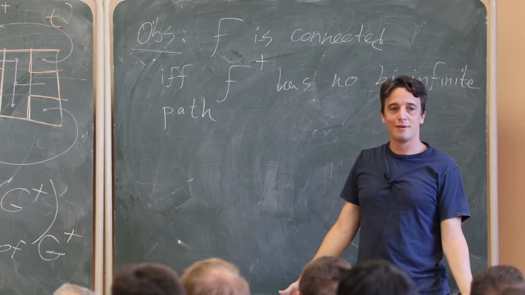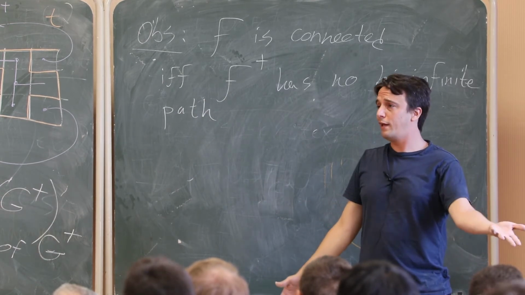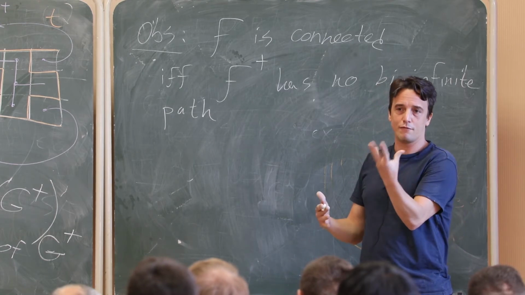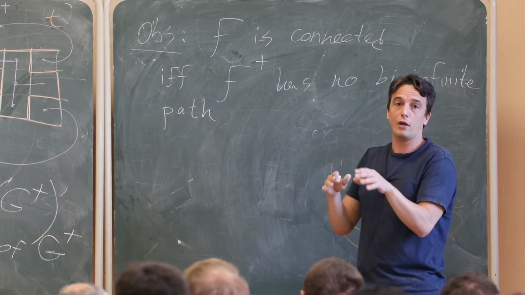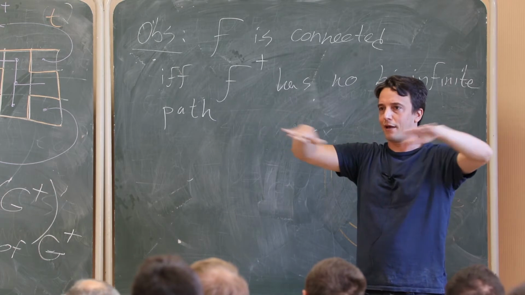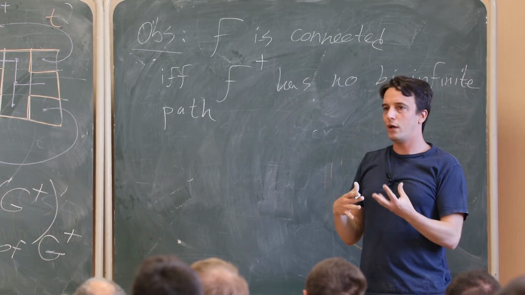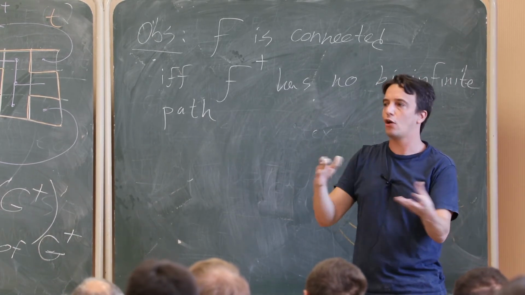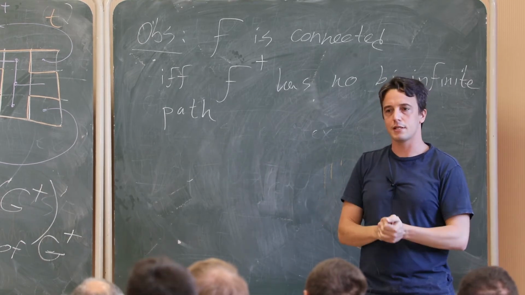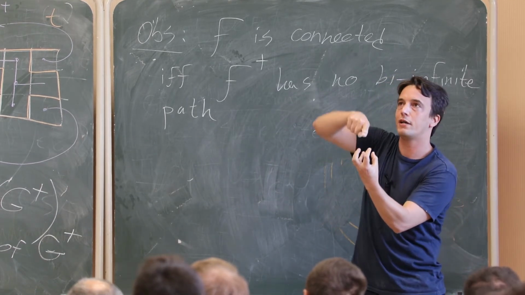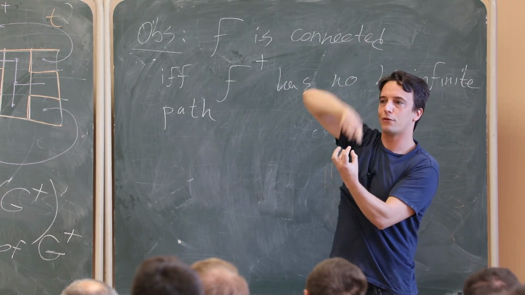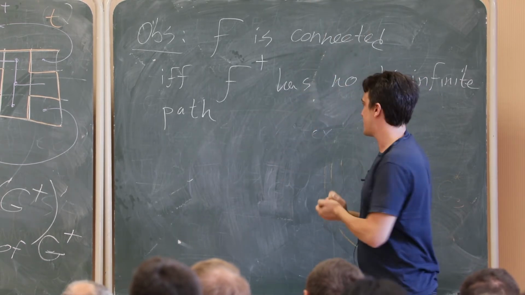Or in other words, each component is one-ended. If you have a tree, then Z2 is one-ended, but it clearly has bi-infinite paths. But a tree being one-ended means that it cannot have a bi-infinite path, and it's exactly the same thing, because if you take any finite set, there's only one path going to infinity. So it's the same thing.